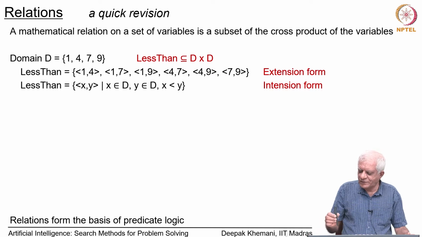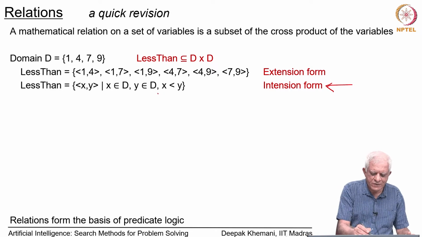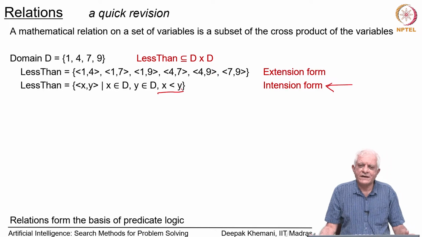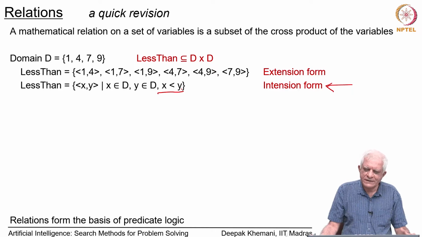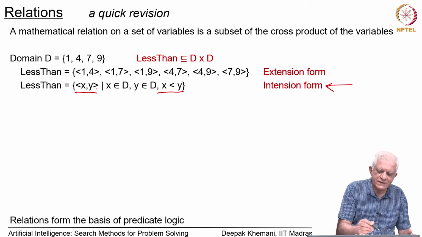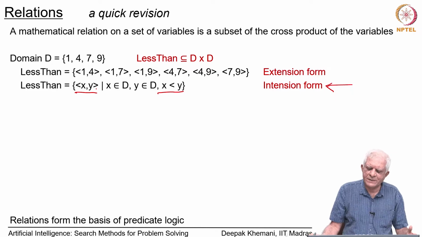Now, the typical way of representing a relation is in the intentional form, that is what we are used to doing. So, essentially the core of our representation is the fact that there are 2 variables x and y, they come from the domain D and they satisfy the property x less than y, and if they do, then we have a tuple made up of x and y, which is a subset of D cross D essentially.